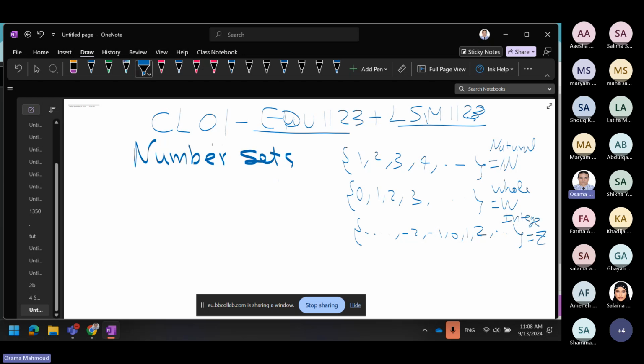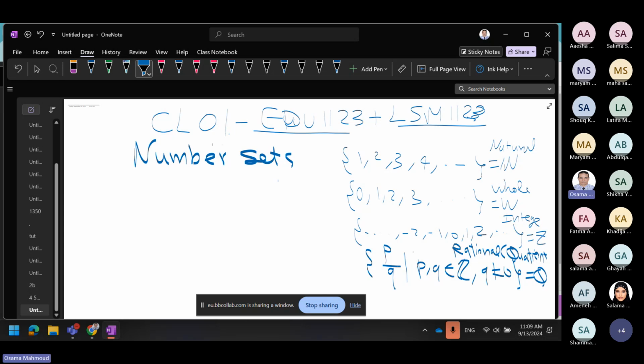Okay, and the bigger one is called numerator over denominator, p over q, where p and q are integers such that q can never be 0, because I cannot divide by 0, right? We call it Q. You said rational number. Yes, it is a rational number, and the other name is quotient.